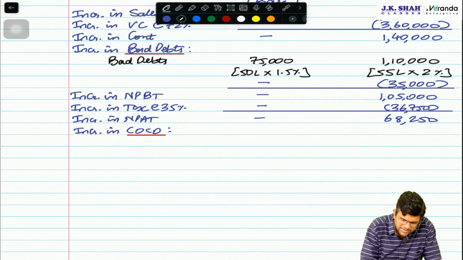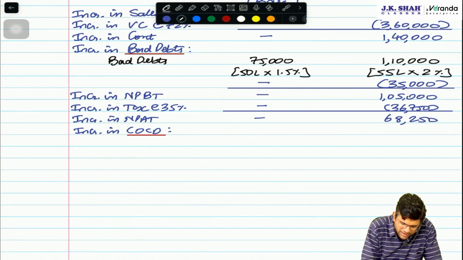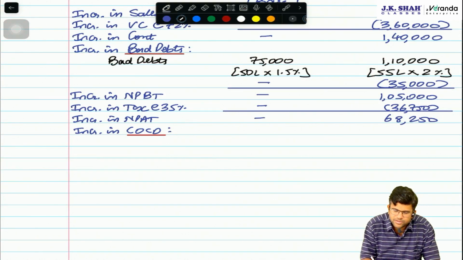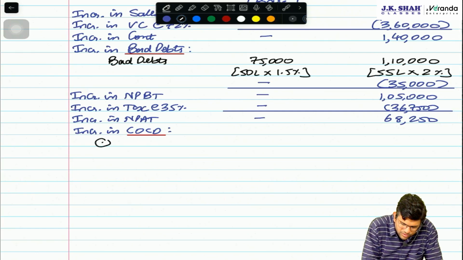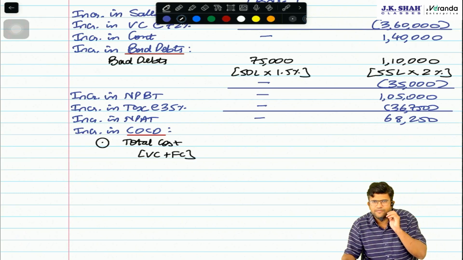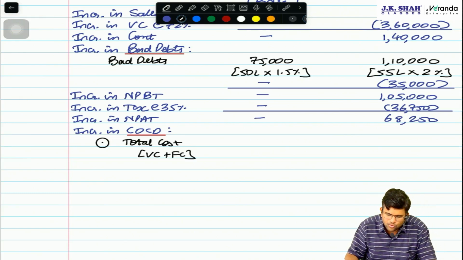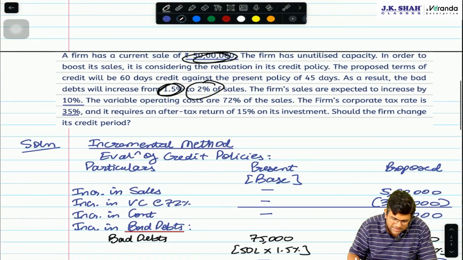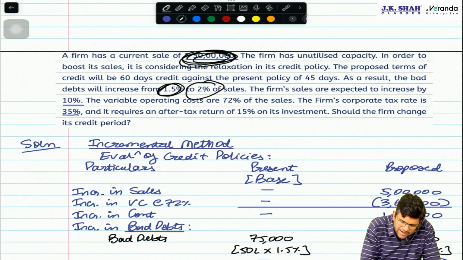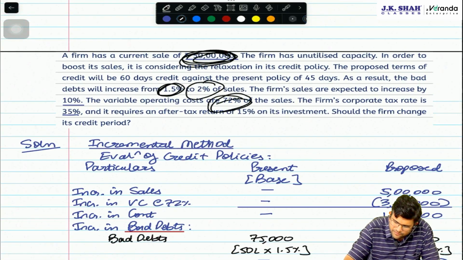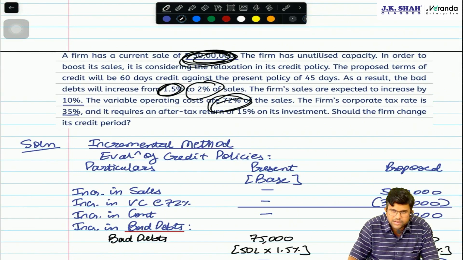In COCD, you should first of all understand what was step 1 of COCD. Step 1 of COCD was to first of all identify the total cost, correct? Here, can I say total cost is only VC because fixed cost is not there. So variable cost of the present policy will be 50 lakh into 72%, 36 lakhs.